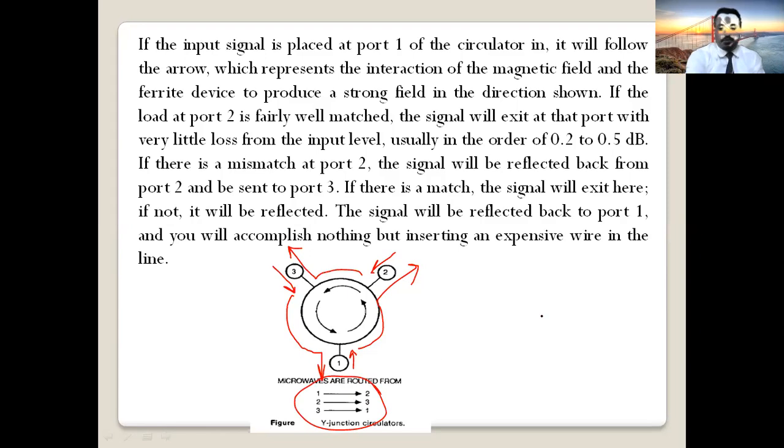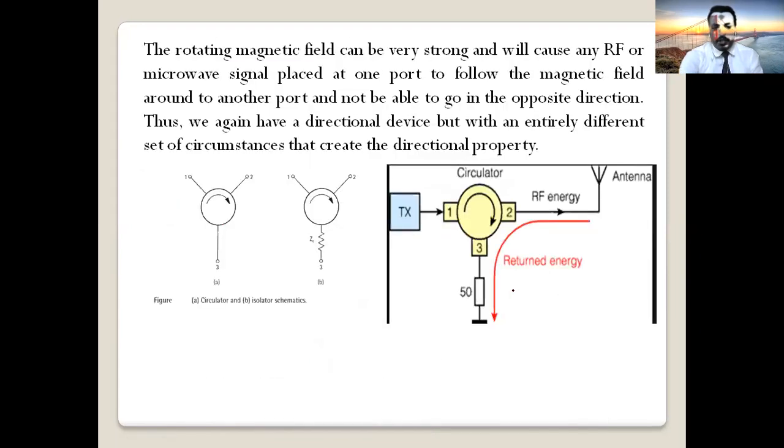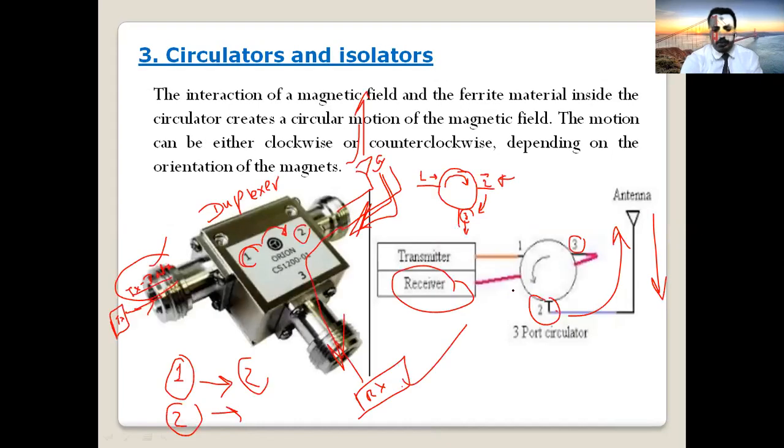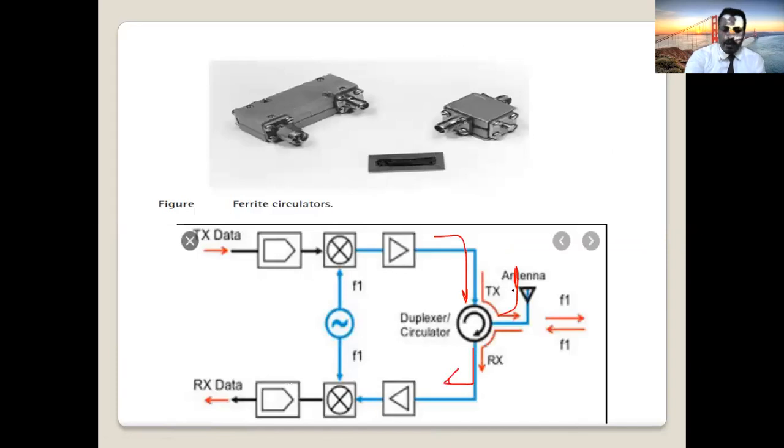Okay, so it has so many applications. This circulator device, we have seen here one application which is used as a duplexer. So what does a duplexer mean? Here we have a transmitter. So this data will be modulated, up converted by a mixer, amplified, and go to which part?